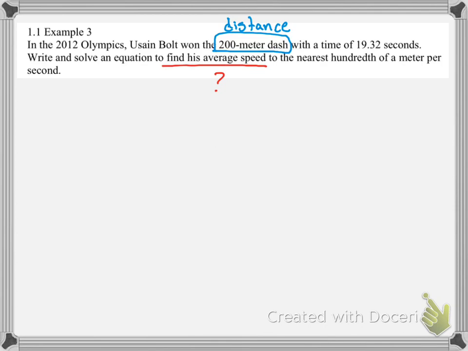So they gave us a distance, how far he ran. What else did they give us? Time. Go ahead and write that too. This is the time. And we're trying to find his average speed. Does anyone remember how distance and time relate to speed? From science?